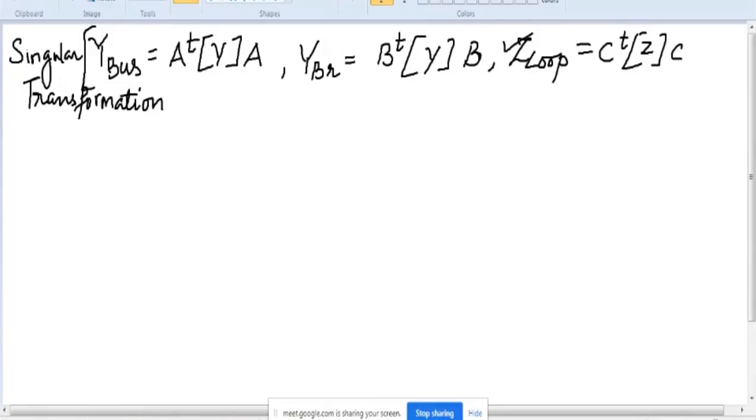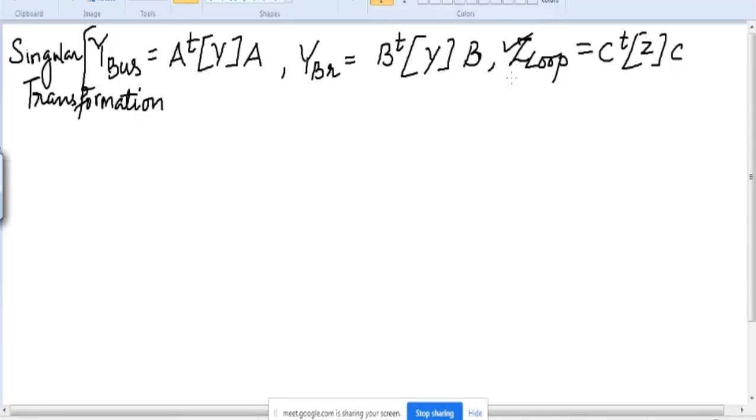In the question paper, it will be given which matrix is to be calculated. If they ask you to calculate the Z loop, you already know we used the formula Z loop is equal to C transpose ZC.